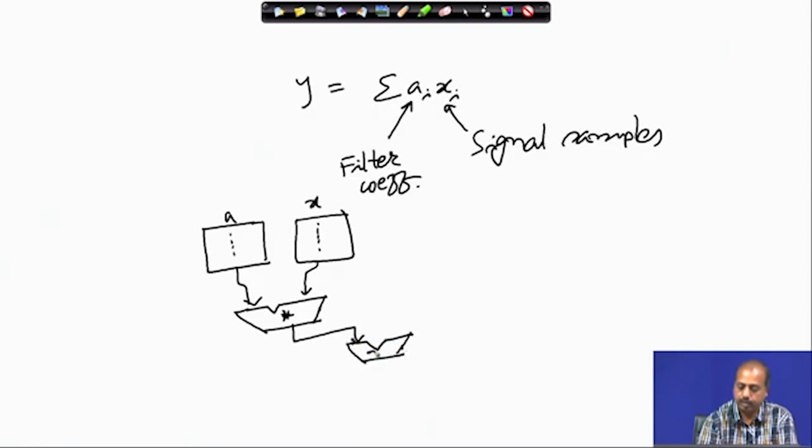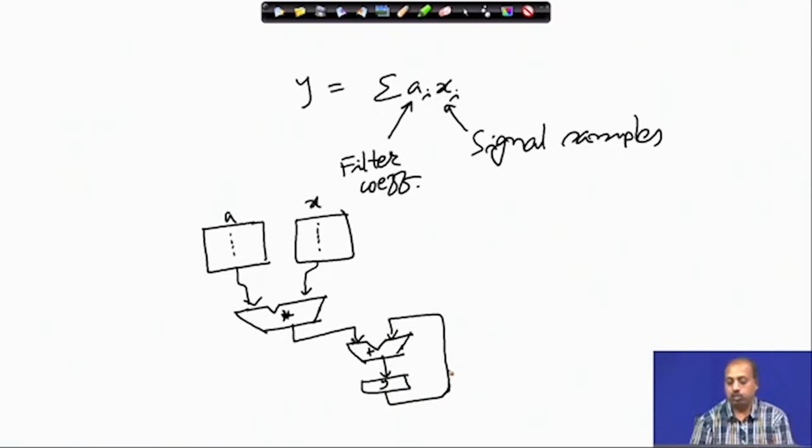This is the y register, and this value should come here, so this previous value will be added, and it will be done like this.